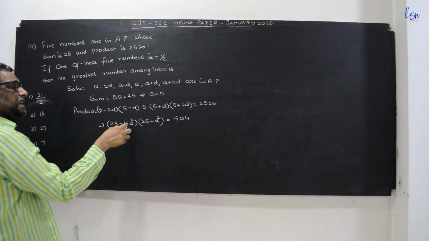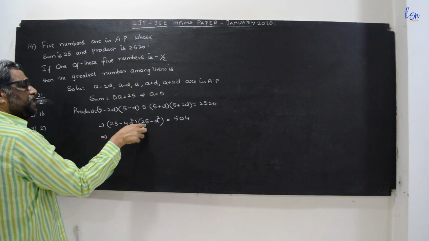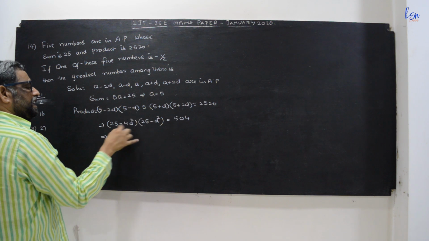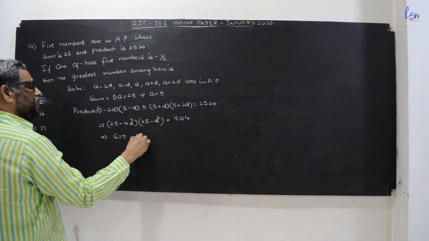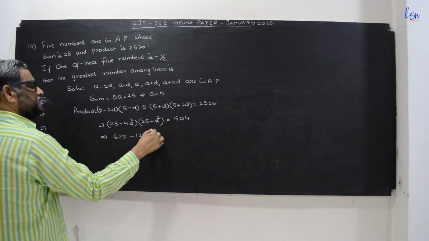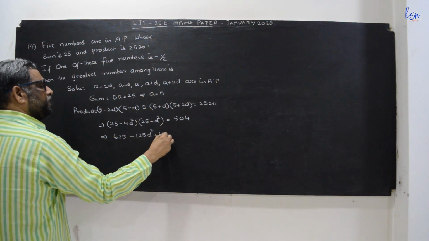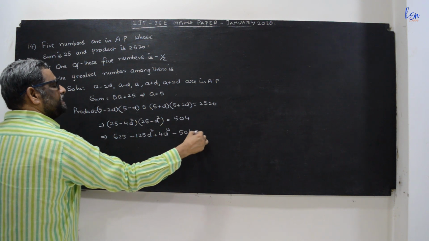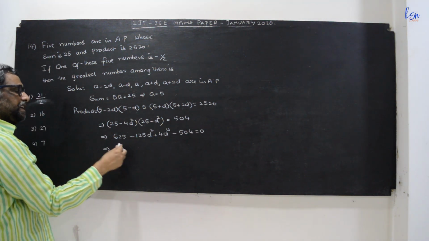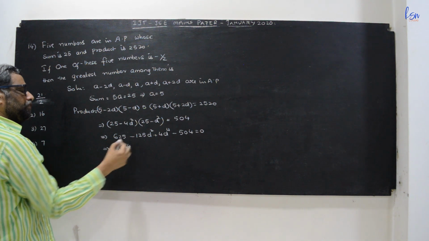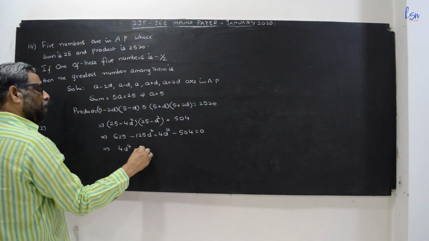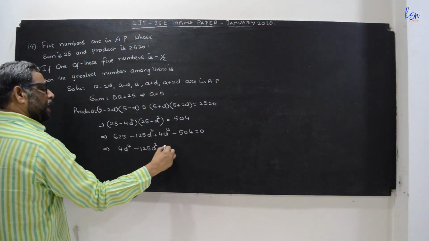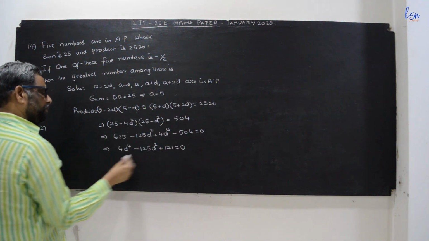So this is multiply 25 into 25, 625 minus 25 d square minus 100 d square minus 125 d square plus 4 d to the power of 4 minus 504 is equal to 0. This can be written as 4 d to the power of 4 minus 125 d square plus 121 is equal to 0.